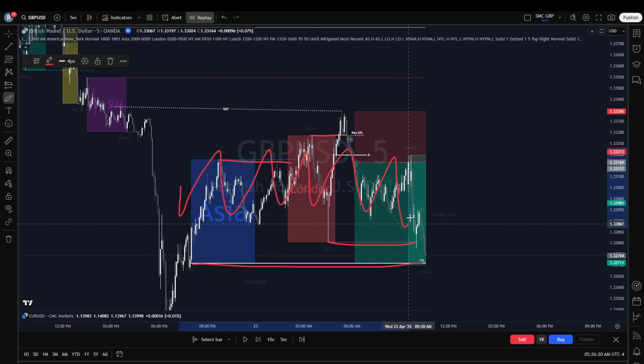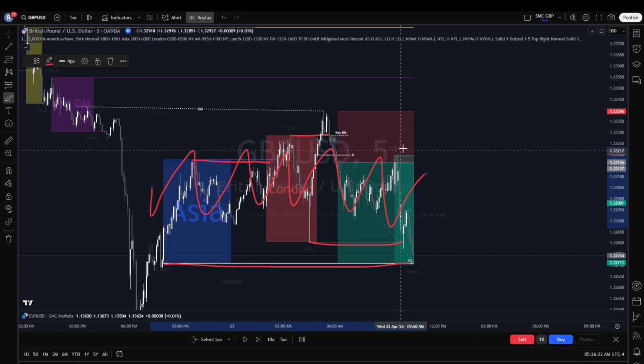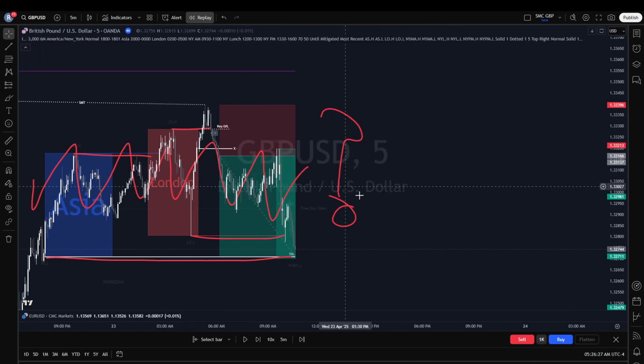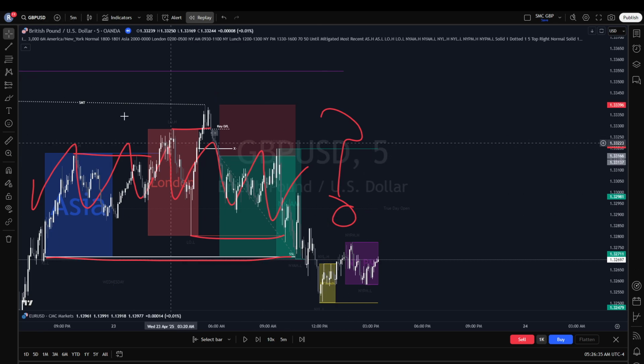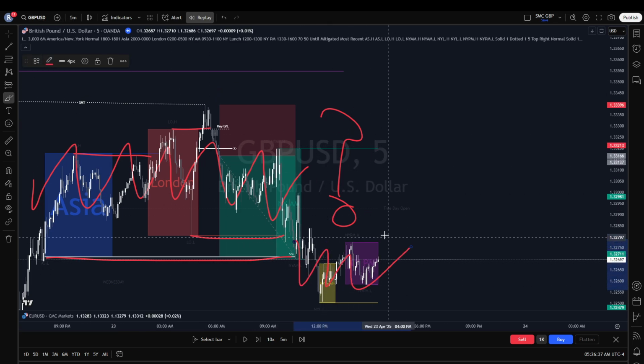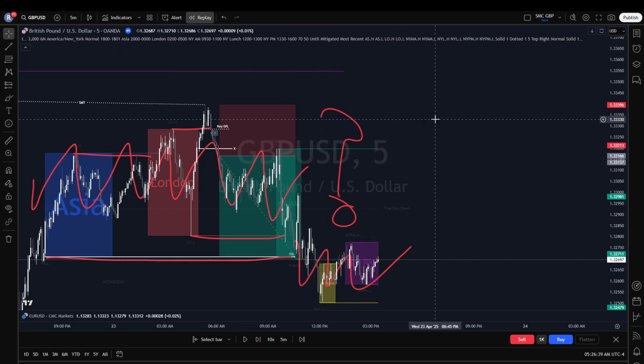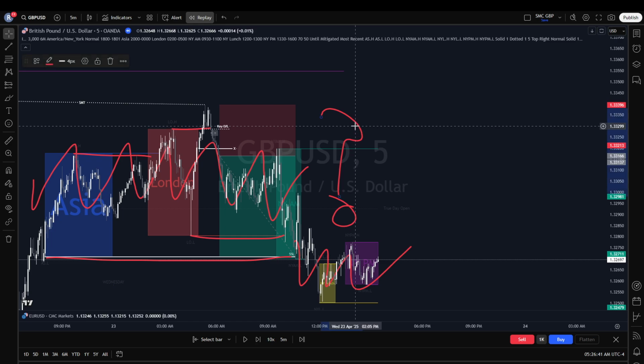To me, this screams kind of choppy price action. I'm going to sit out of the following price action that's to come because I don't really have an anticipated area for the market to target, right? And as you can see, we didn't really do anything. We accumulated because all of our session liquidity had been taken for the day.